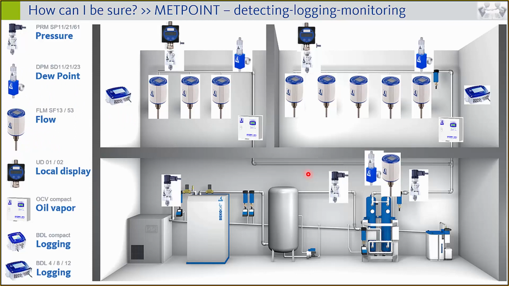But we also need to know what's the dew point and the flow. Particularly, the flow is a very helpful tool in terms of troubleshooting related to dew point. Imagine the desiccant dryer at some point does not give you the required dew point. We need to figure out what's the reason.